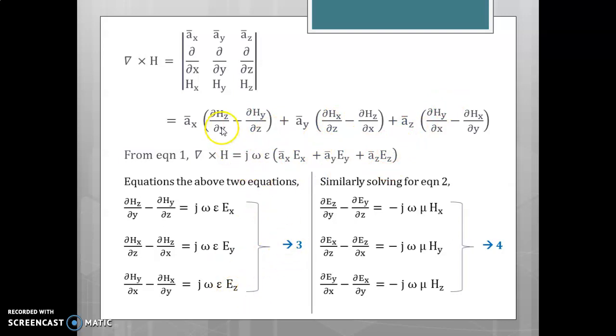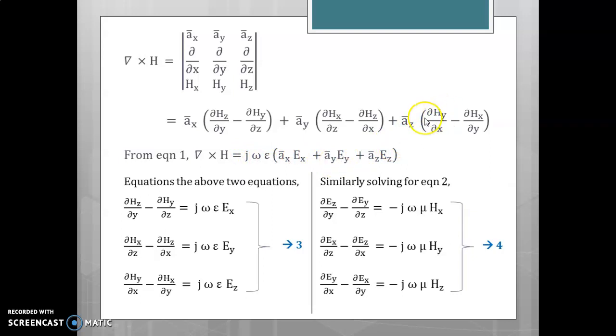First of all, we will equate the x component. So the result will be dou Hz by dou y minus dou Hy by dou z is equal to j omega epsilon Ex. Equating the y components, dou Hx by dou z minus dou Hz by dou x is equal to j omega epsilon Ey.